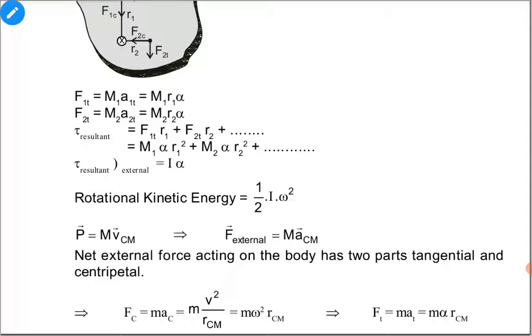Net external force acting on the body has two parts, tangential and centripetal. F_C, that is centripetal force, equals m into centripetal acceleration, that is m into v square upon R_CM, which equals m omega square into R_CM. F_t equals m a_t, that is m alpha R_CM.